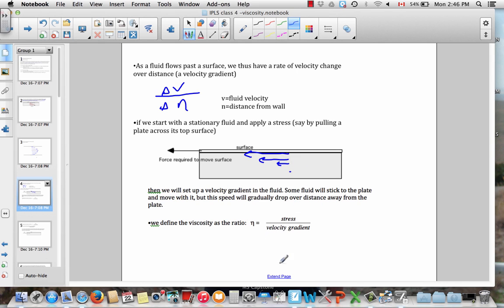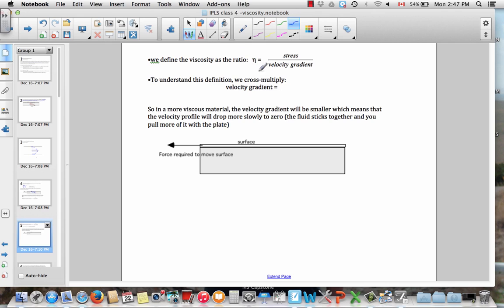Now, we can define, using this setup, viscosity. It's the ratio of the stress that we apply to the fluid over the velocity gradient. And the stress is related to the force that we're using to pull the plate along. So if we rearrange that to try and make sense of it, velocity gradient is the stress over this viscosity.